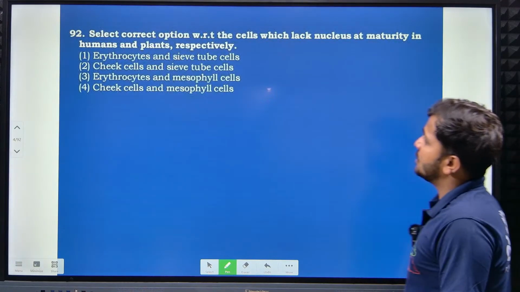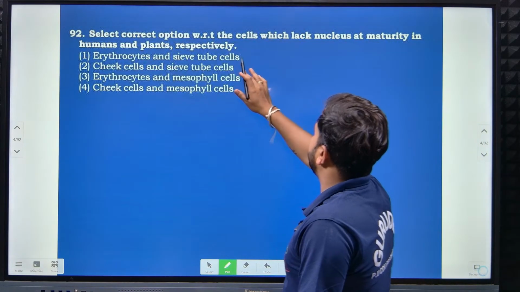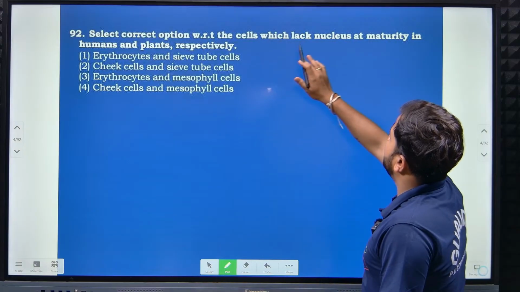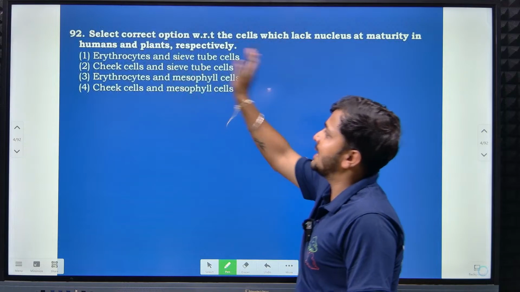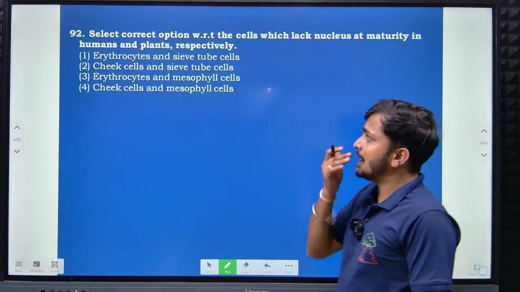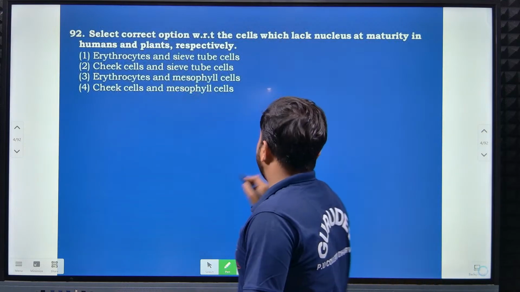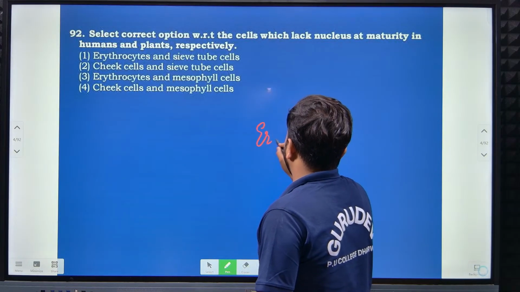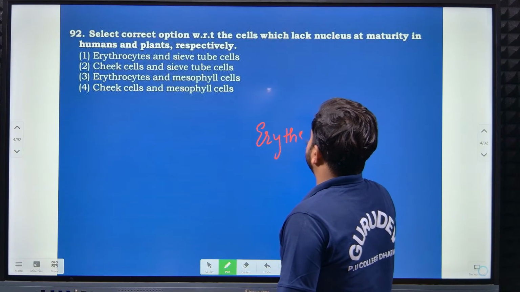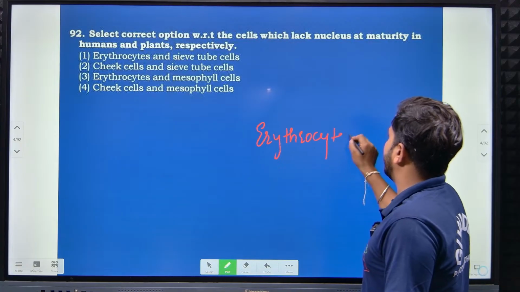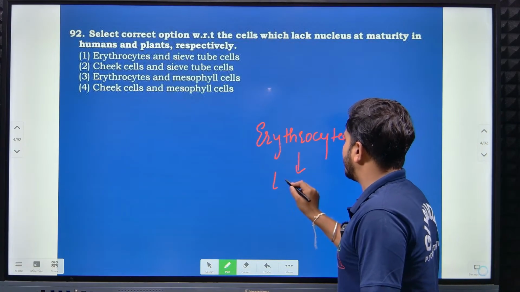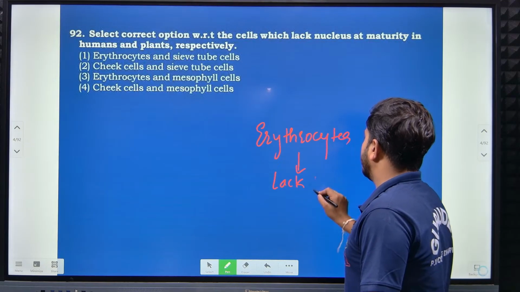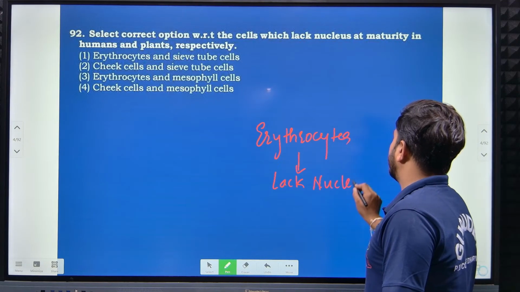Then the next question: select the option with respect to the cells which lack a nucleus at maturity in humans and plants respectively, right? So it's a direct question. Mainly our erythrocytes, which we call RBCs, later develop and mature, and they lack the nucleus.